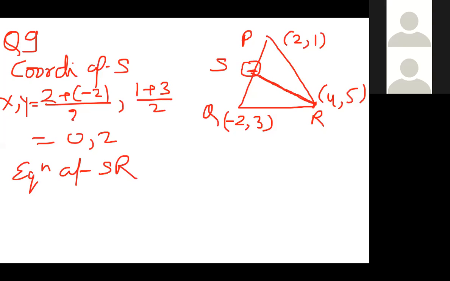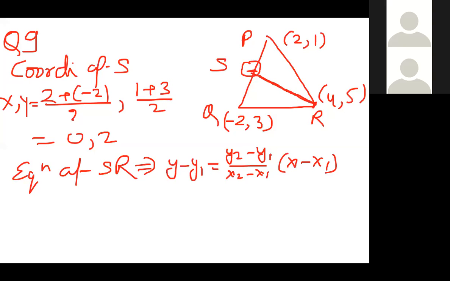That will be y minus y1 equals (y2 minus y1) upon (x2 minus x1) times (x minus x1). Now you can take any one as x1, y1 and the other one will be x2, y2. I'm taking this as x1, y1, so the coordinates of S will be x2, y2. So these we need to put.